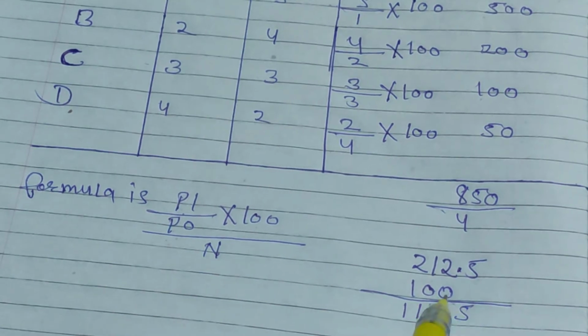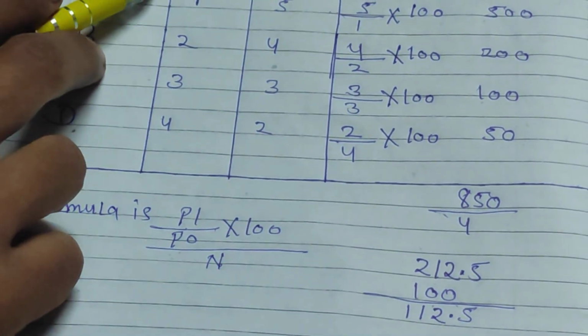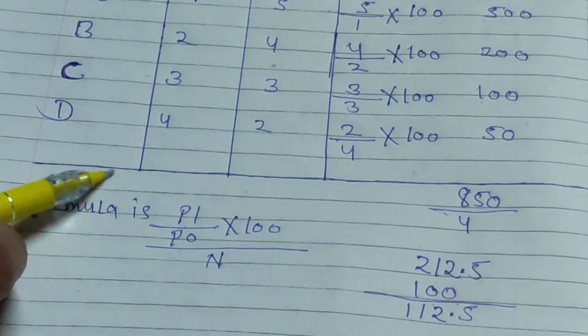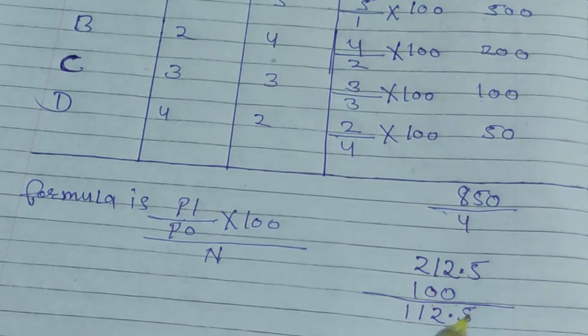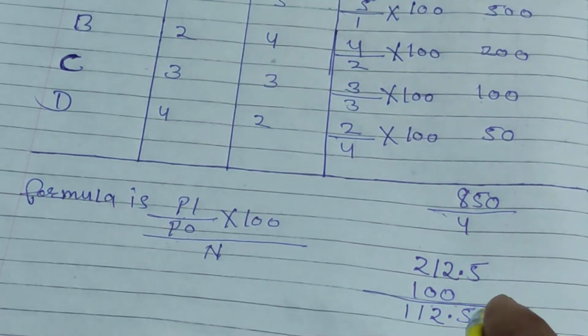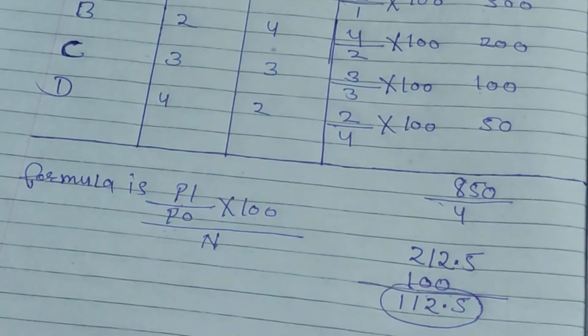We subtracted 100 because we take the base year as 100%. Therefore we subtracted 100. So 112.5 is the final answer of this question.